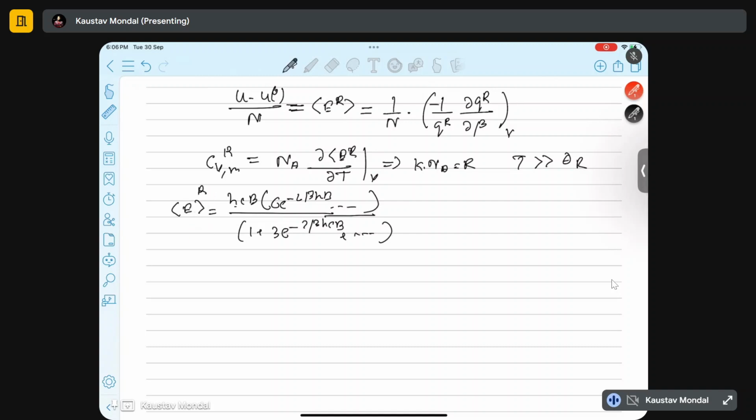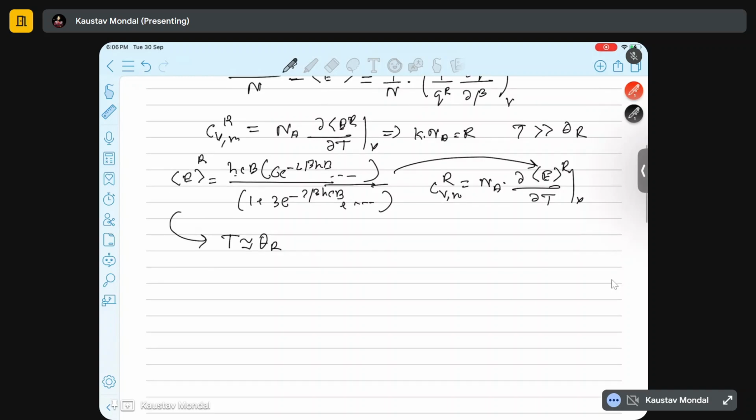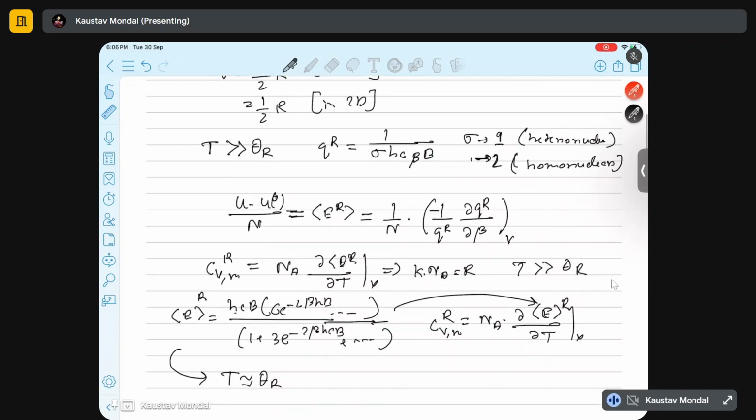This is the case where T is comparable to theta. For this case, the CV rotational expression will again become very complicated, because you have to take the derivative of this whole average rotational energy term. So you just put this here and take the derivative. Now this is the case for the rotational term.